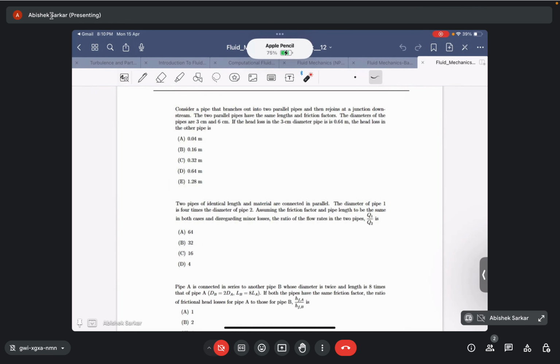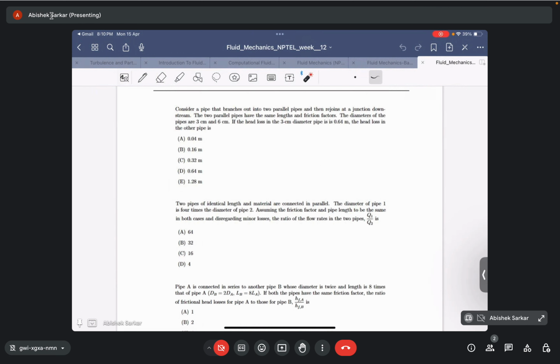There's a trick in the type of junction that is mentioned here. You can go to the question once again and see for yourself how simple the answer is. Here you can clearly see that they mentioned that the piping junction is a parallel junction, or parallel connection.